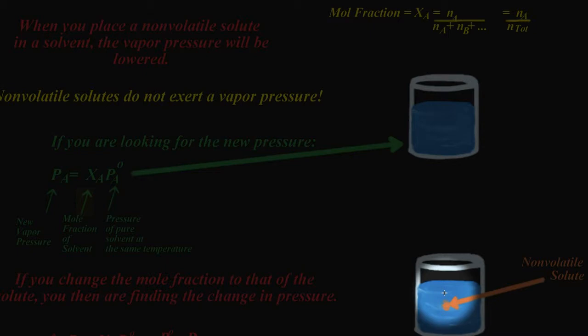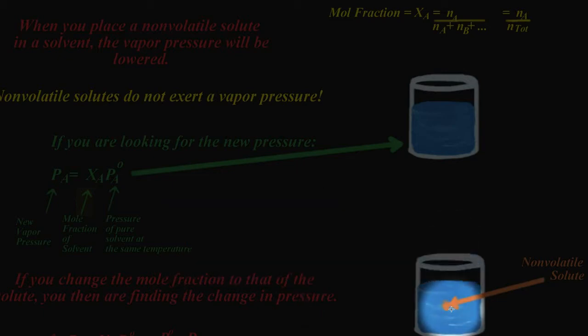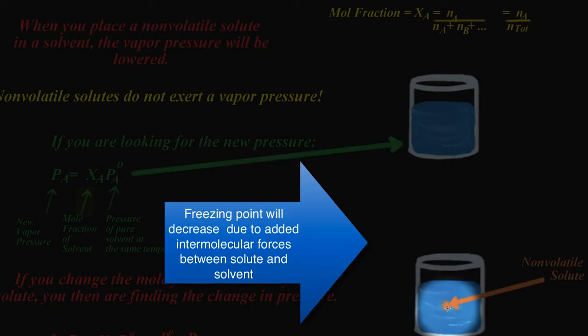This is due to the additional IM forces, intermolecular forces, that occur between the solvent and the solute, thereby making it harder for things to escape out as a gas, increasing the boiling point, hence a boiling point elevation. And then there's the difficulty of those extra bonds to be frozen, so then it decreases the freezing point, again, due to IM forces. And then you get a freezing point depression.